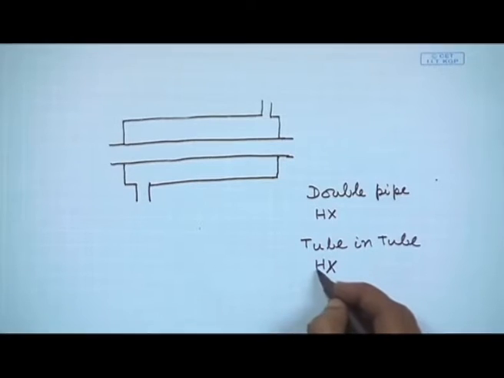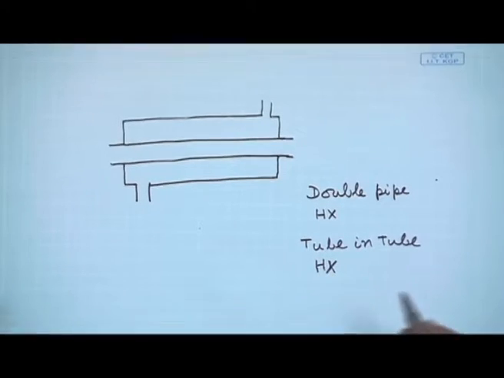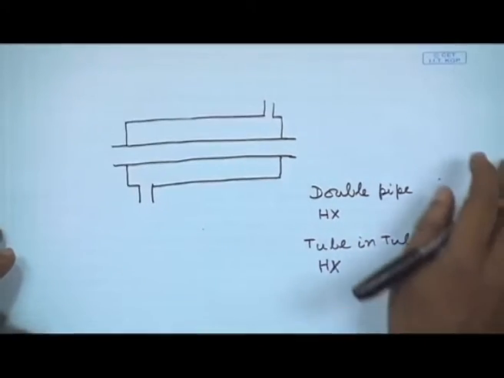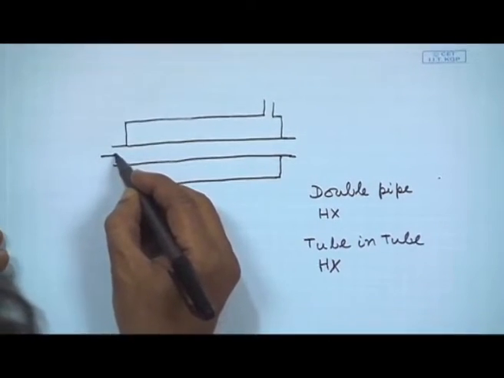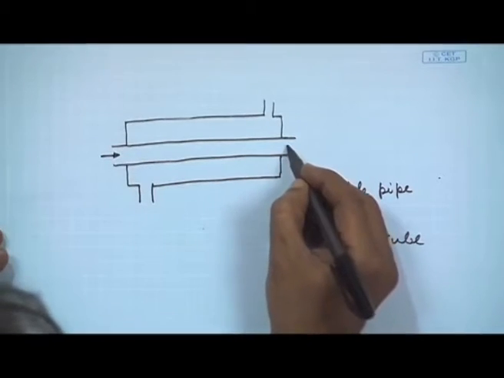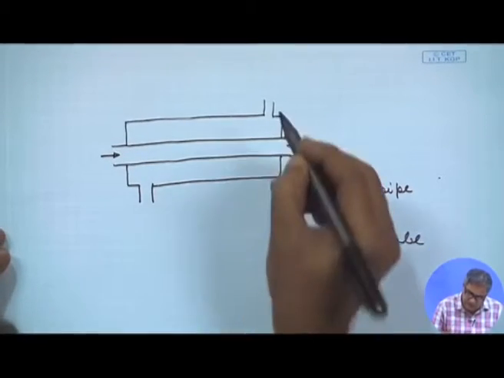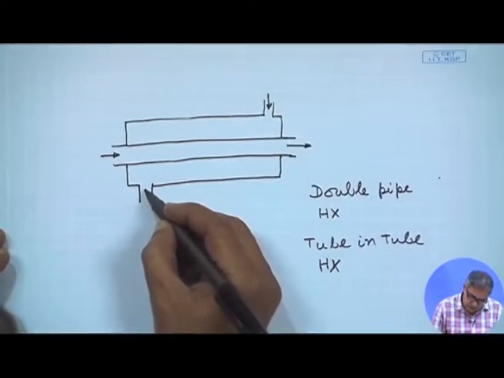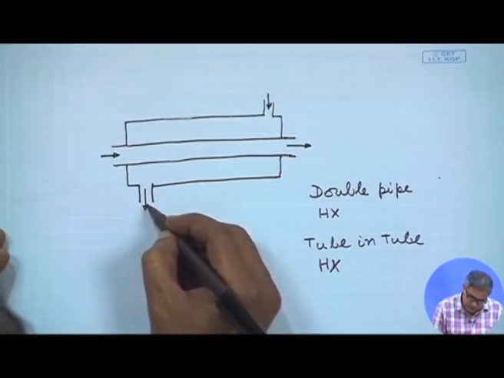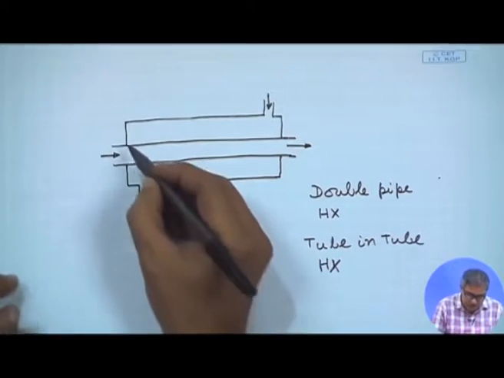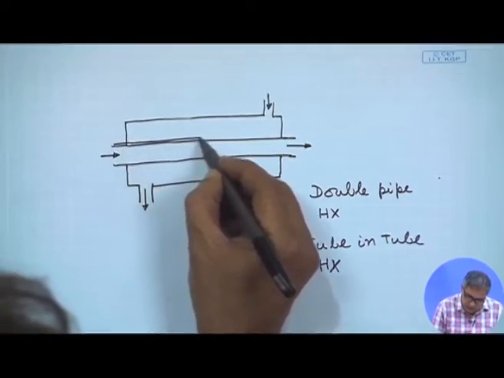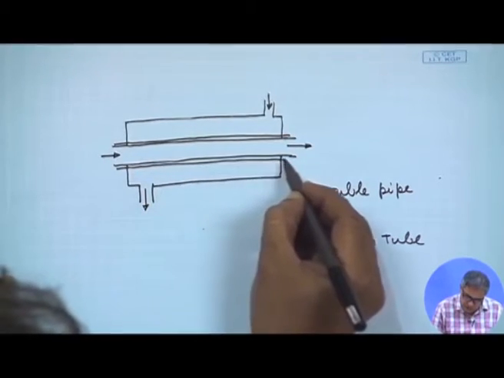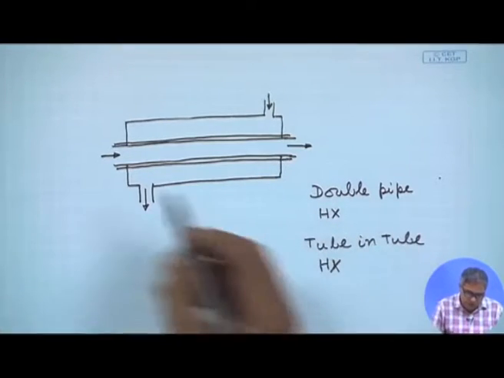So, I think the names are quite obvious. Then you see, through the central tube, let us say the fluid is flowing like this, and through the peripheral tube, let us say the fluid is flowing like this. In between, the solid wall is there, so there will be heat transfer between these two fluids. Let us say the central fluid is a cold fluid.